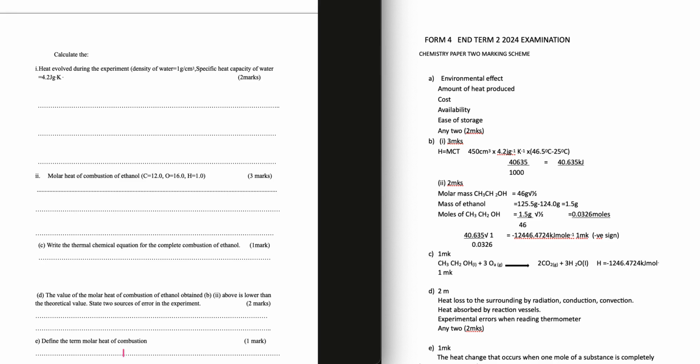Calculate the heat evolved during the experiment, that is the density of water, the specific heat capacity of water.